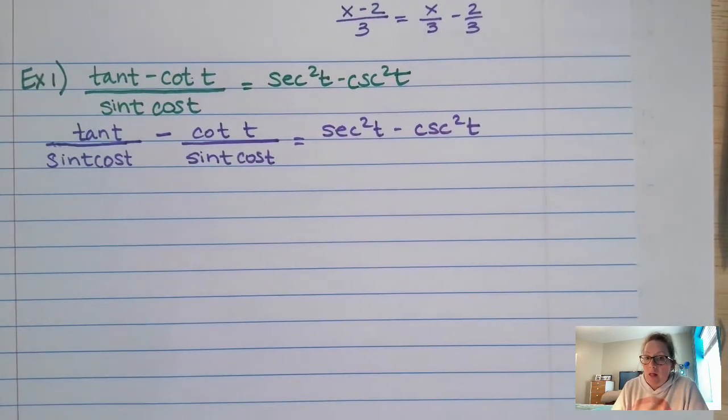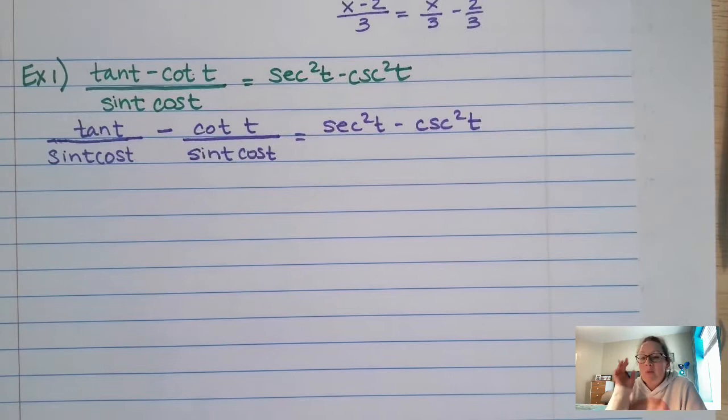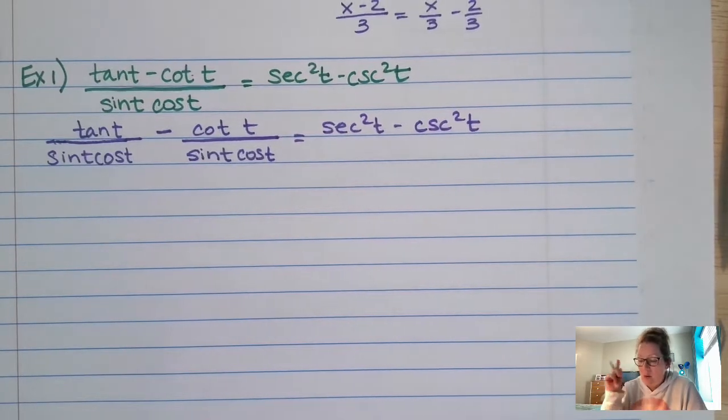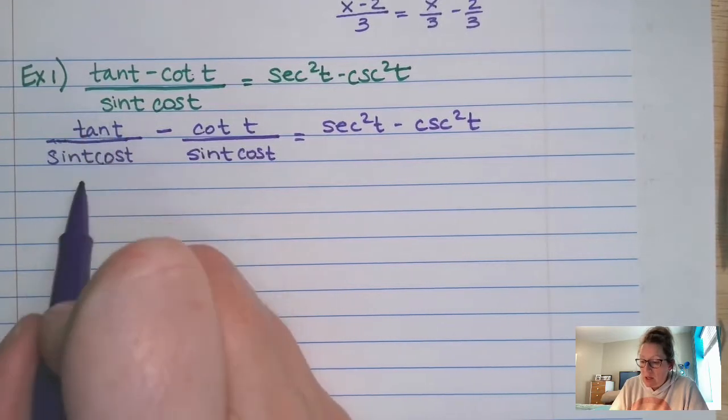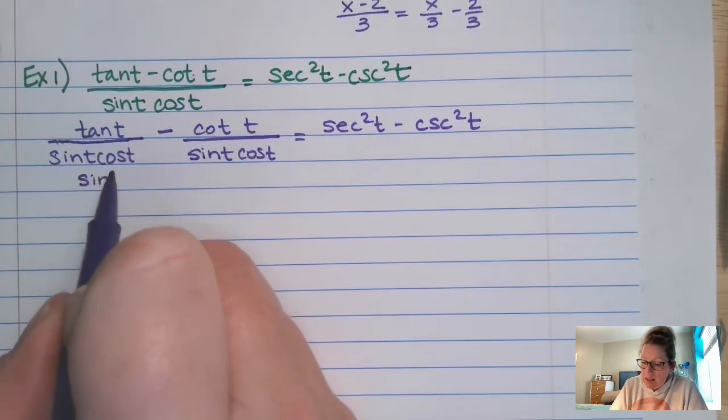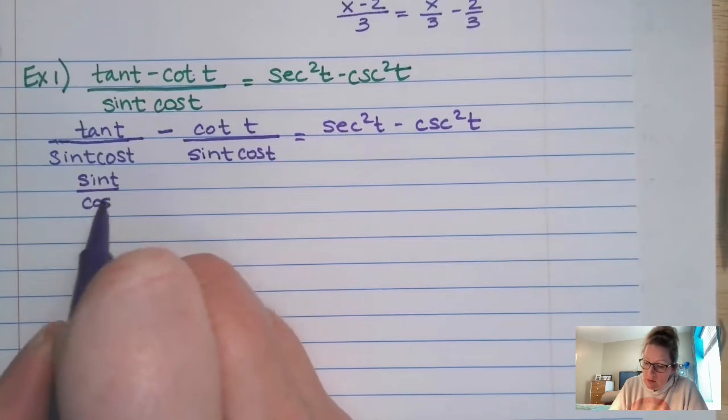Okay, well, that's fine and dandy, but now I got something even grosser. But remember, whenever you get stuck, what are we supposed to do? Right, in terms of sines and cosines, I hope is what you answered. So in this case, we're going to go ahead and rewrite tangent, and tangent is sine t over cosine t.